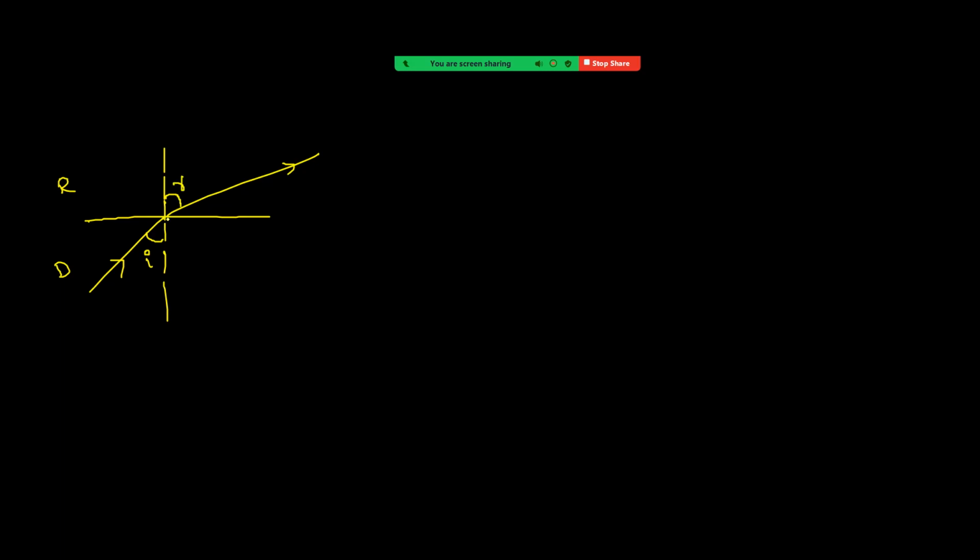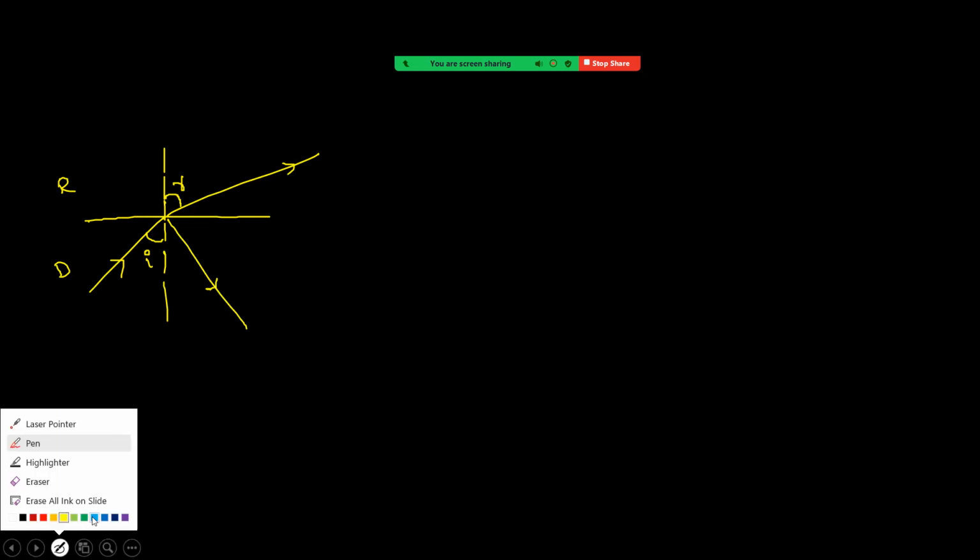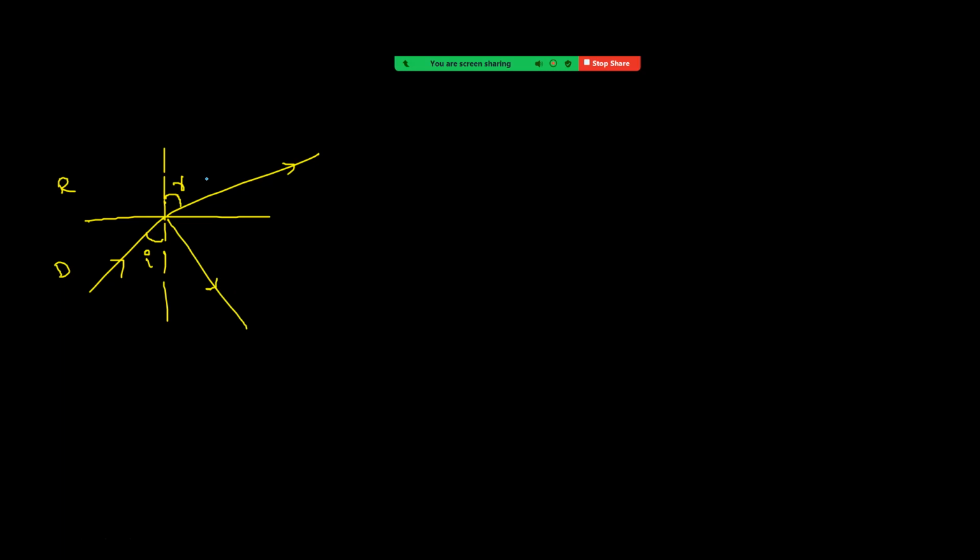And we have here reflection, because whenever light falls on a boundary, reflection and refraction both will be there. Now see carefully. If there is no change in medium, the light ray is supposed to travel in the same direction like this.